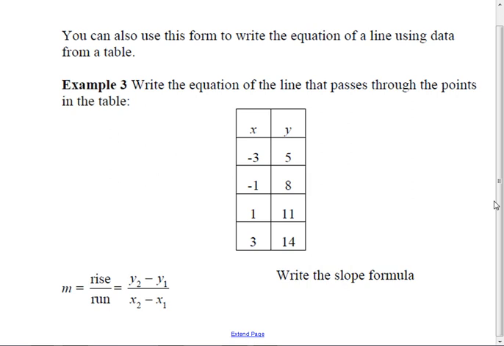Now, all you have to do to find the slope is see what the change in x is. To get from negative 3 to negative 1, Jake, what am I doing? Adding 2. Excellent. Let's see if this works. Negative 1 to positive 1. Am I still adding 2? Yeah. To get from 1 to 3, am I still adding 2, Corey?